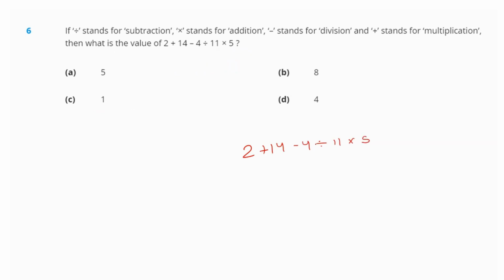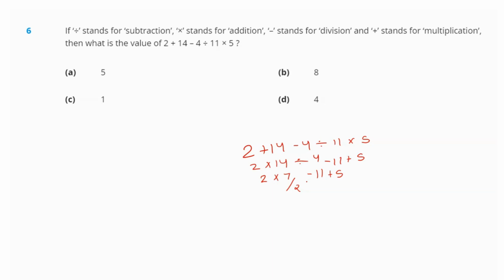If we write it in the correct form, it gives 2 multiplied by 14 divided by 4 minus 11 plus 5. So this will be 2 multiplied by 7 by 2, following the BODMAS rule, plus 5.